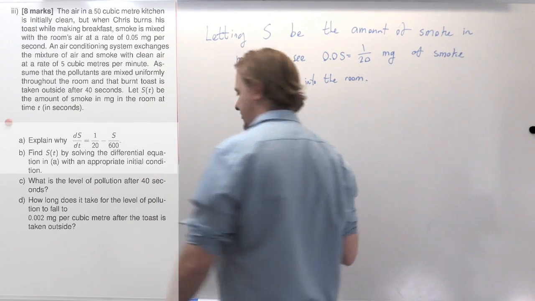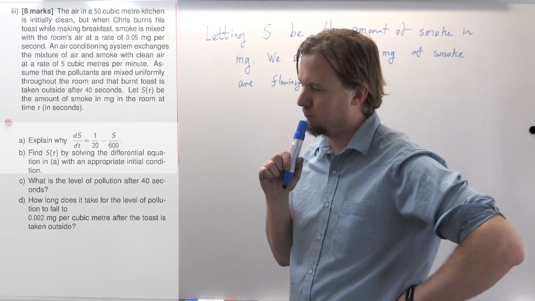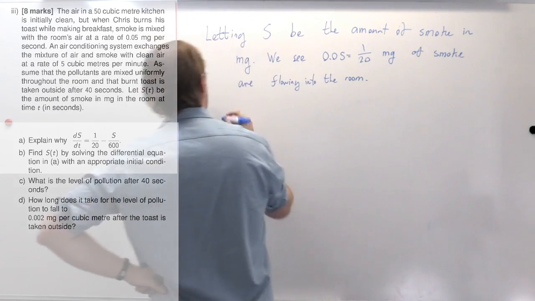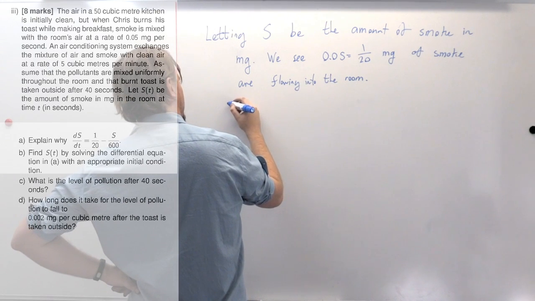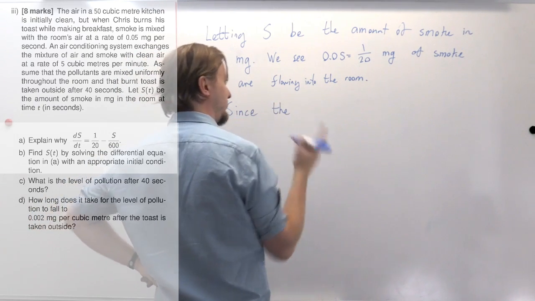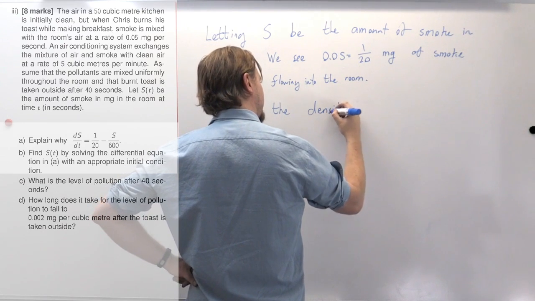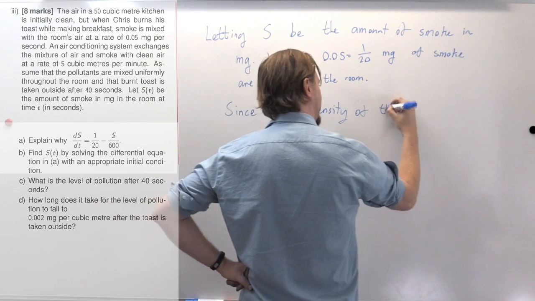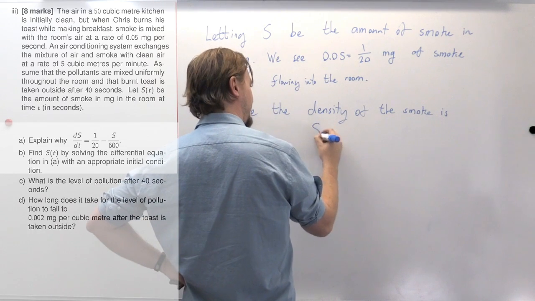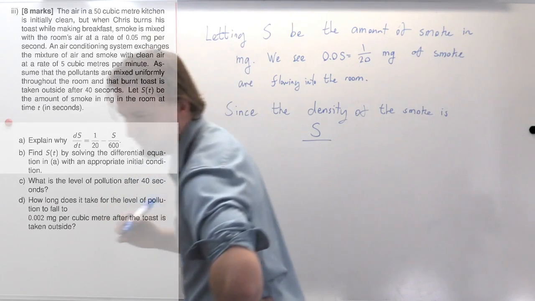Now the next part's quite hard, because we have 5 cubic meters being removed per minute. Here's where it's important that you pay attention to the units. Since the density of the smoke is going to be whatever the absolute amount of smoke in the room is, divided by the size of the room.